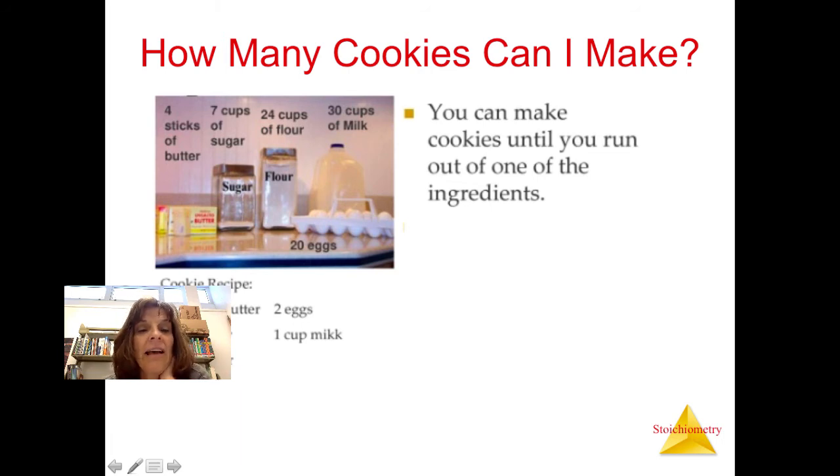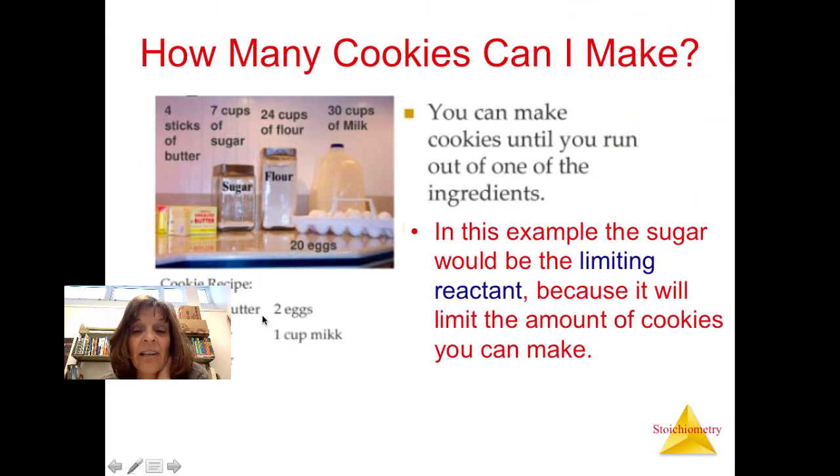You can see that one of these ingredients is going to run out before the others. To me, it looks like the sugar is going to run out first. And that would be the limiting reactant. It's going to limit how many cookies you want to make because without enough sugar, they're not going to taste that good. So the limiting reactant is what's going to run out first.